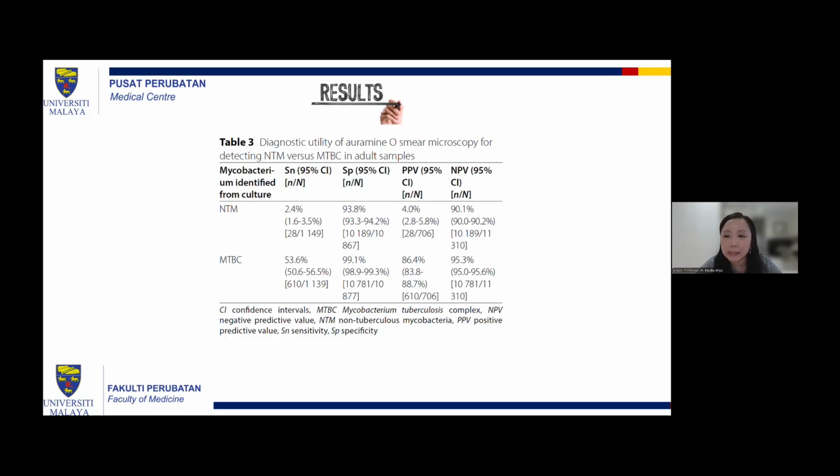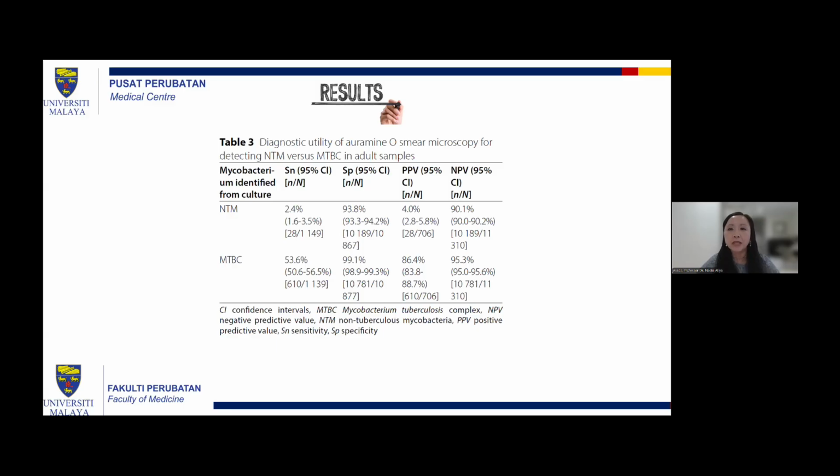And not surprisingly, its sensitivity, specificity, PPV, and NPV for detecting NTM were lower than those for MTBC. Now, I would like to highlight that our study included all patients with culture-positive NTM samples, regardless of clinical significance, and we did not investigate the distribution of NTM species in our patient cohort.